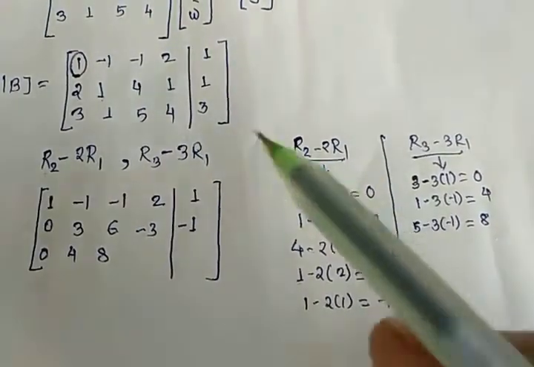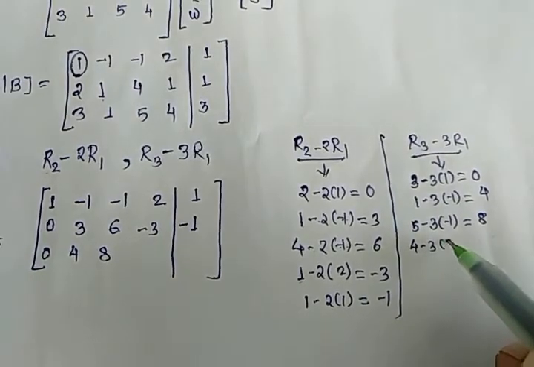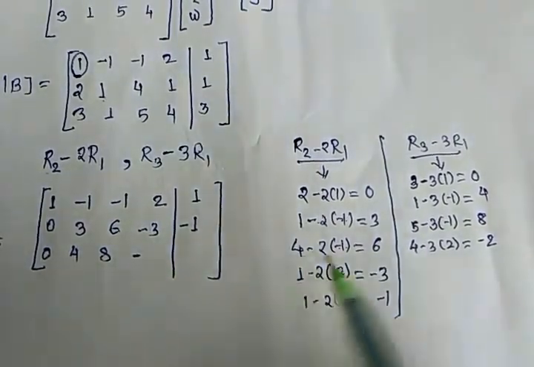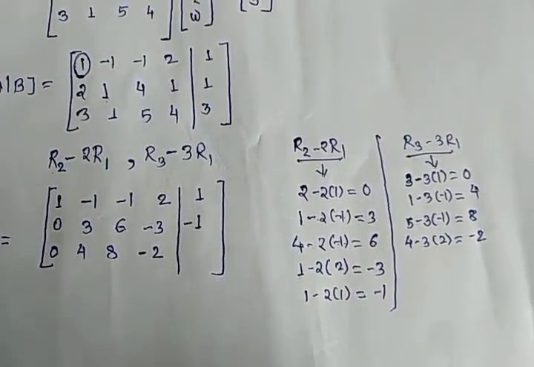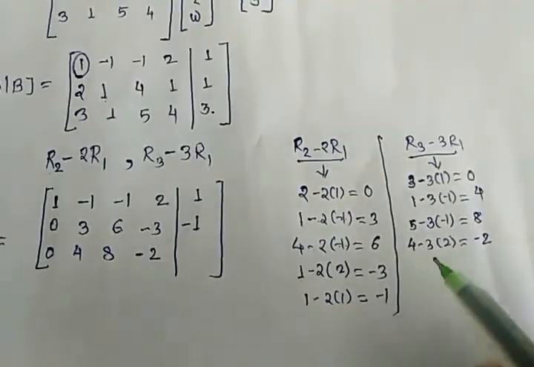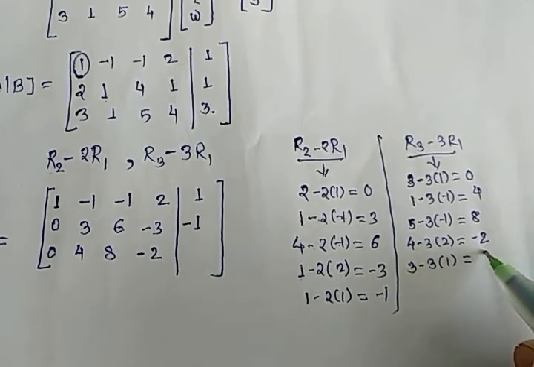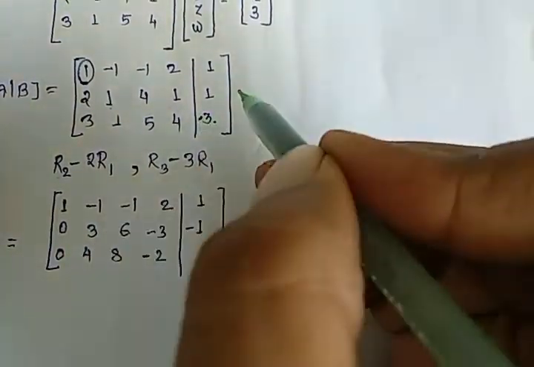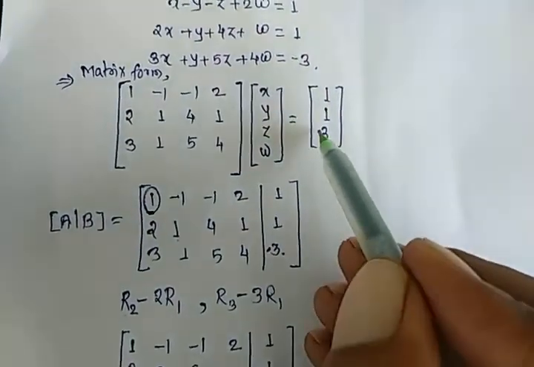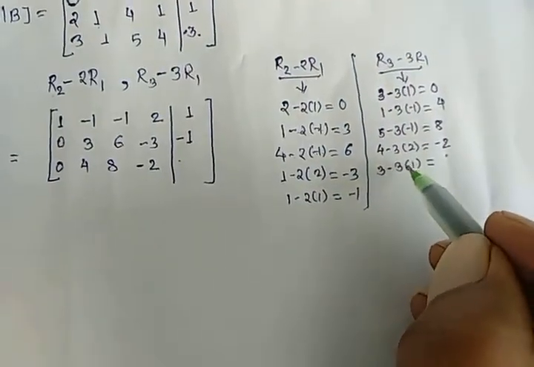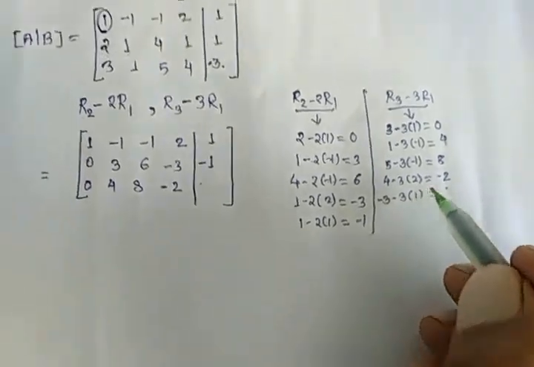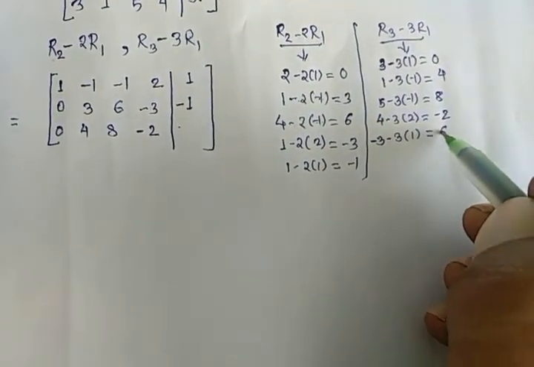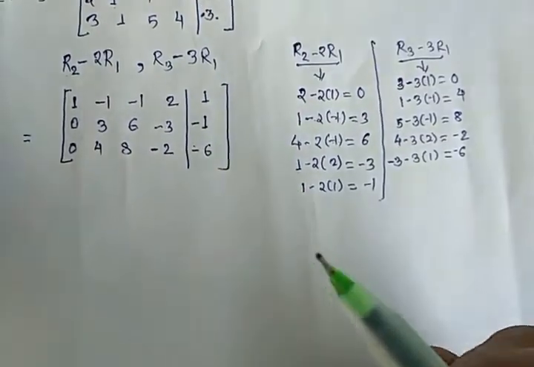Next it is 4 and 2: 4 minus 3 into 2 is 4 minus 6, which gives -2. Then 3 and 6. The last position is 3 and 1: 3 minus 3 into 1, and here it is -3, because in the question it is given as -3, so -3 minus 3 into 1 is -6.